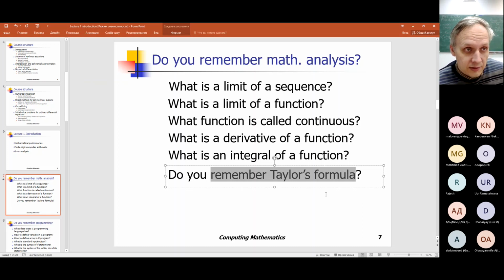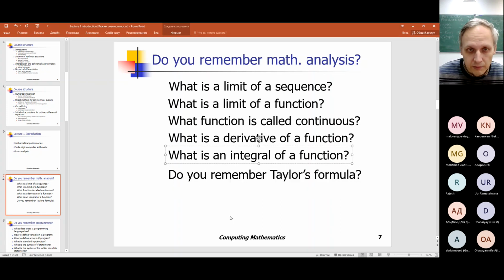In the second half of our lesson, we discuss different types of errors and the so-called machine error, machine epsilon, the error that is introduced by the computer in every computation, every numerical algorithm.